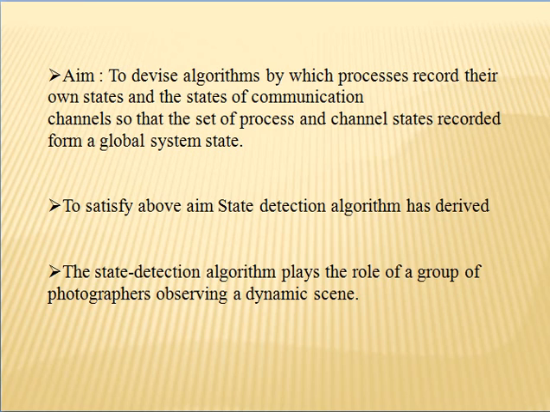Several distributed system problems can be formulated as the general problem of devising an algorithm by which a process in a distributed system can determine whether a stable property y of the system holds or not. Deadlock detection and termination detection are special cases of the stable property detection problem. Some algorithms have also been proposed for solving deadlock and termination problems by determining the global states of distributed systems.